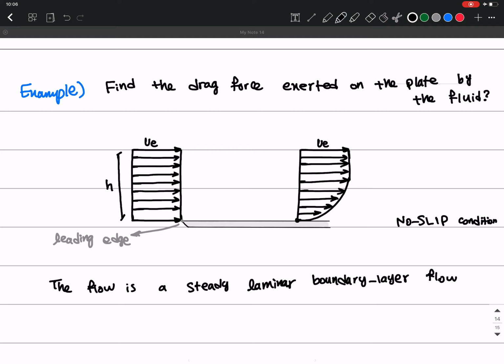This means that, so here I can just show the directions, the coordinate system.